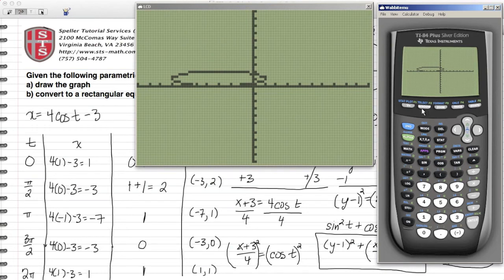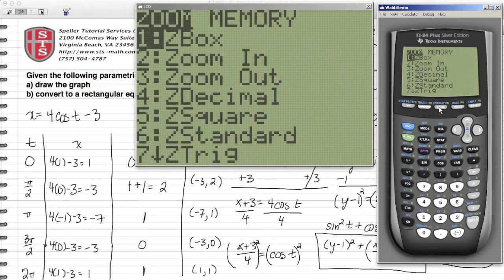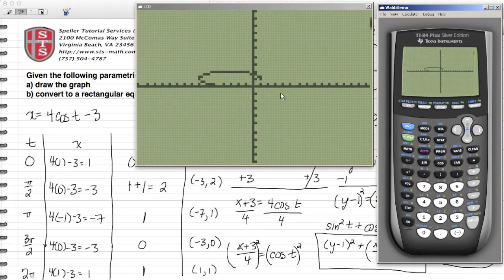Alright, the graph is not easily seen, so we're going to use the zoom feature on the calculator, and we want to do a square zoom. So we're going to go to 5, and then we're going to be able to pick a point. We'll pick 2 points and it's going to zoom in on it. So let's start on the upper left hand side. Click enter, and then that allows you to create a box.